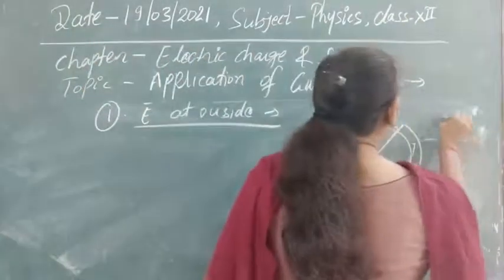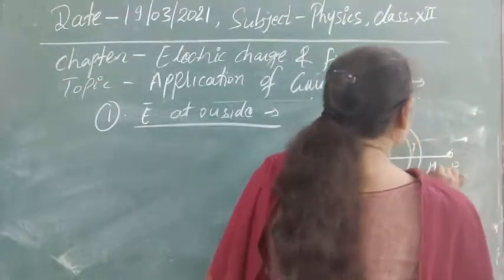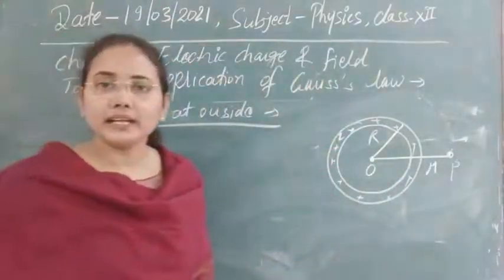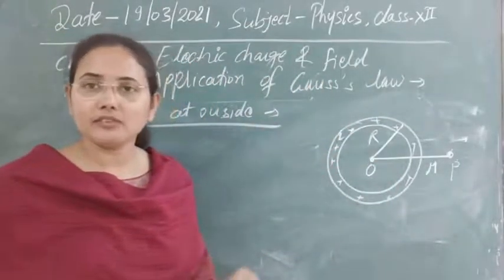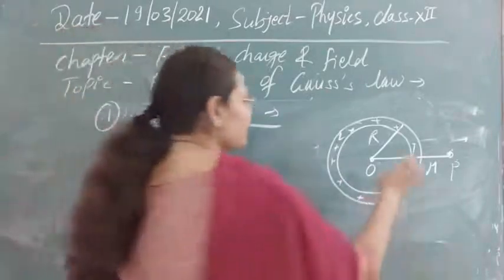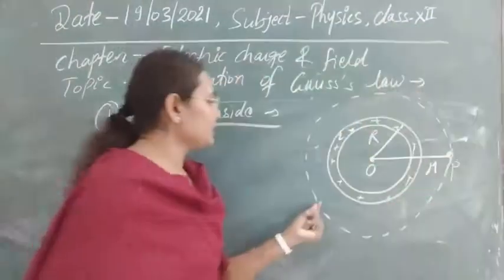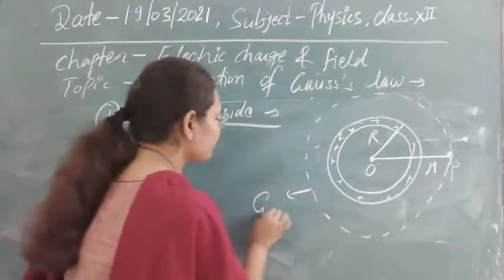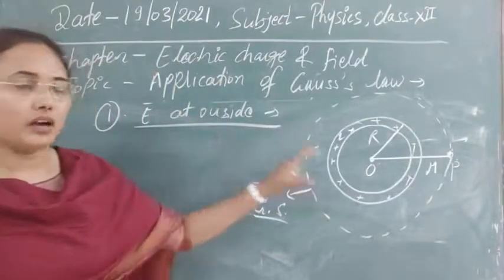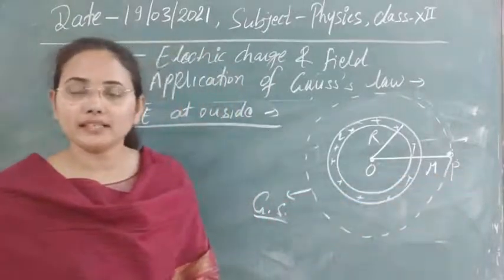Suppose the distance from the center O to P is equal to small r. By taking small r as the radius, the sphere we draw will serve as the Gaussian surface in this case. At this point we have to calculate the electric field.